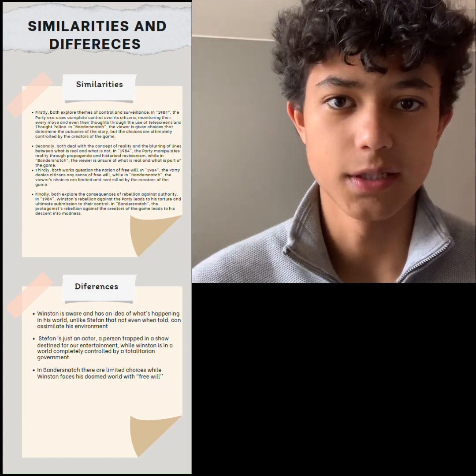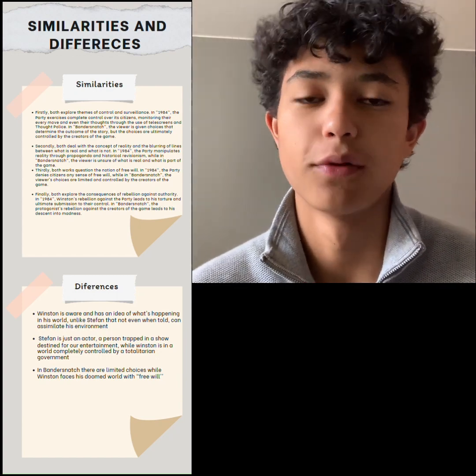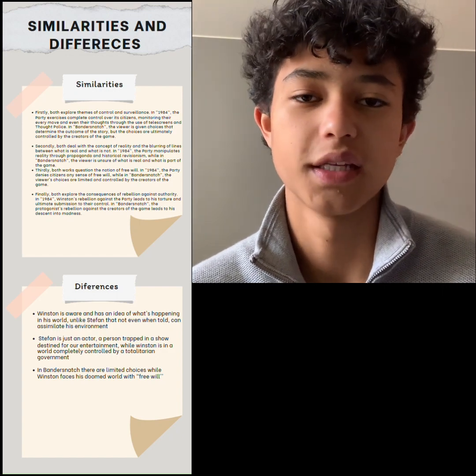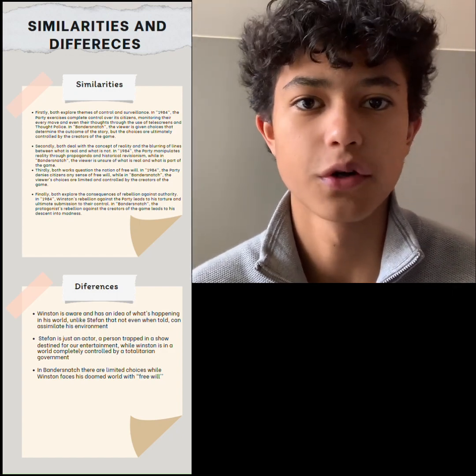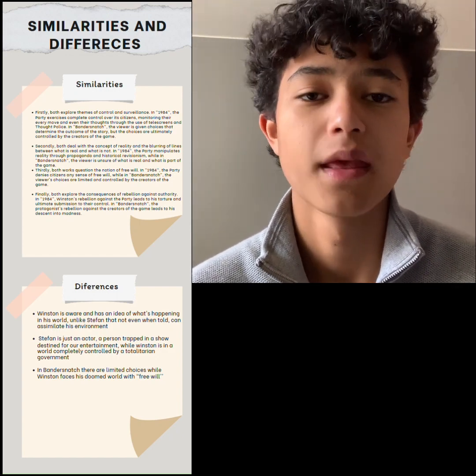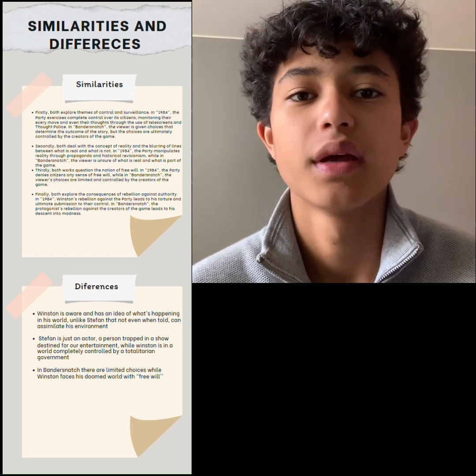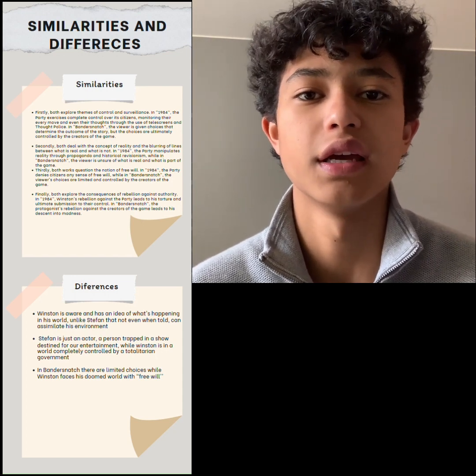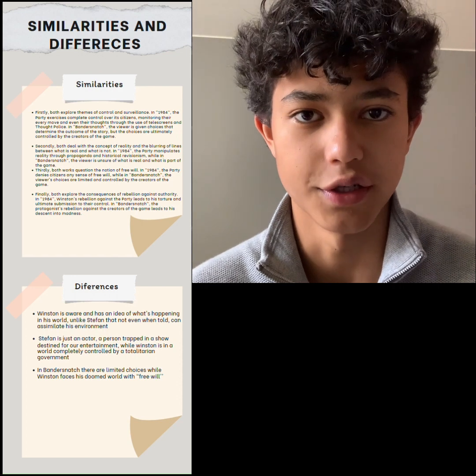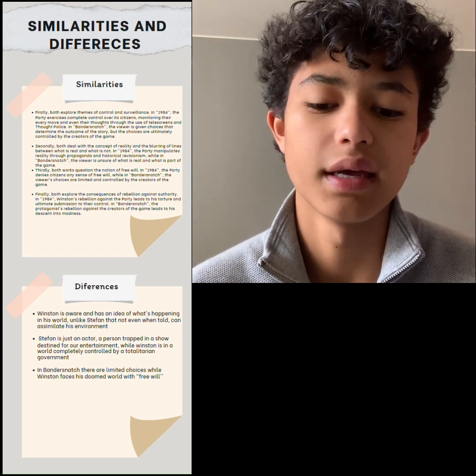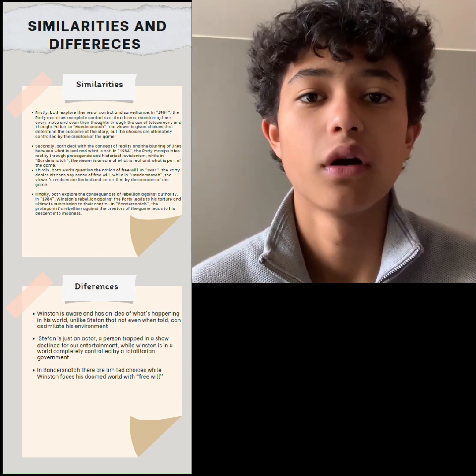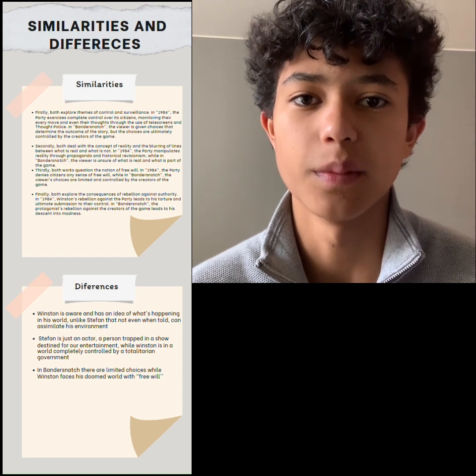Now, similarities. Both explore the theme of control. In 1984, government controls all aspects of citizens' lives. In the movie, the viewer controls choices made by the main character. Reality. Both explore the idea of reality and how it can be manipulated.